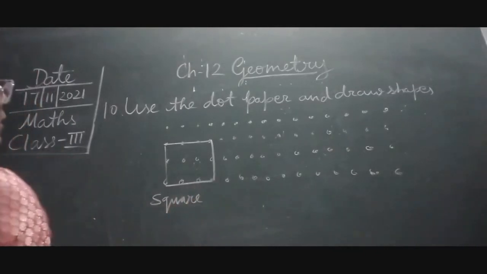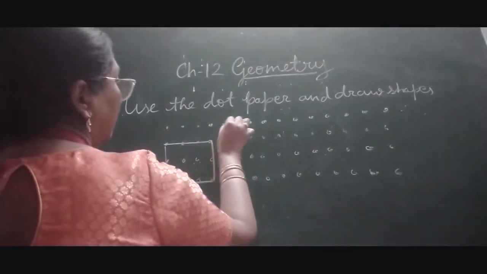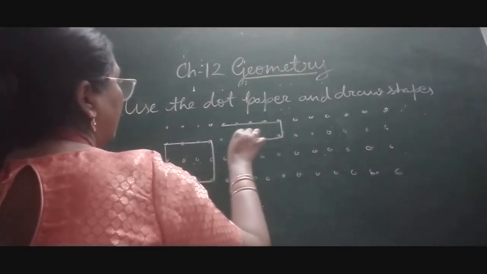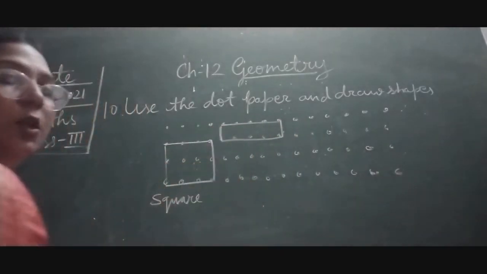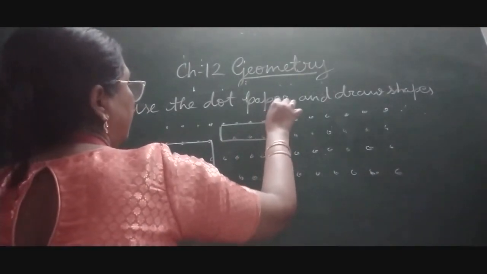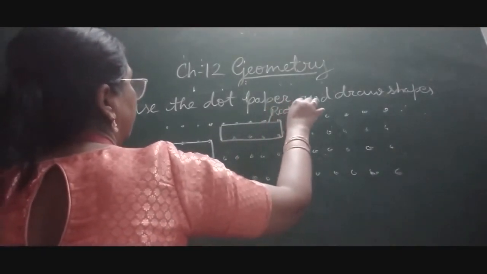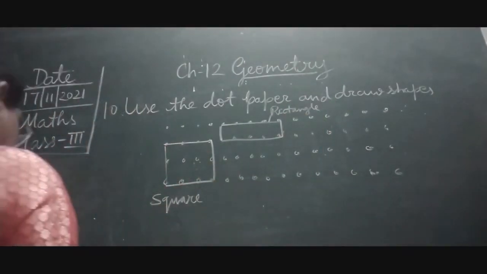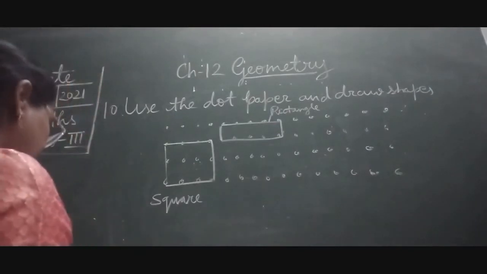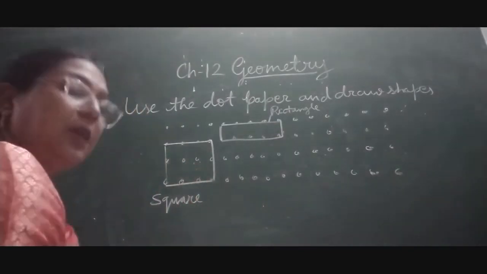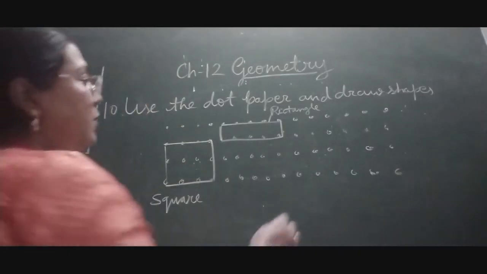Okay children. Now a rectangle we can draw with the help of these dots. Okay. So this is a rectangle. Now the square we have already drawn. Now children, the next shape given here is a triangle. So how can we draw it?